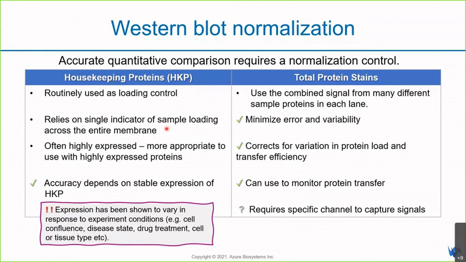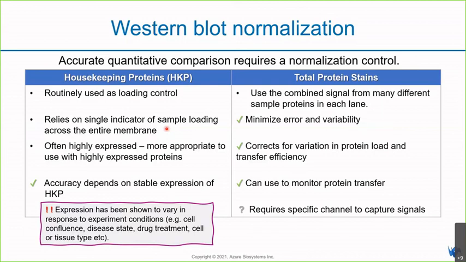where it relies on a single band in that particular sample as an indicator or control for that sample or the entire membrane. This is highly dependent on the high expression and the consistency of the expression across the experiment, either time points, tissue samples, cell types, and so on. But in the actual case, it's not like that.